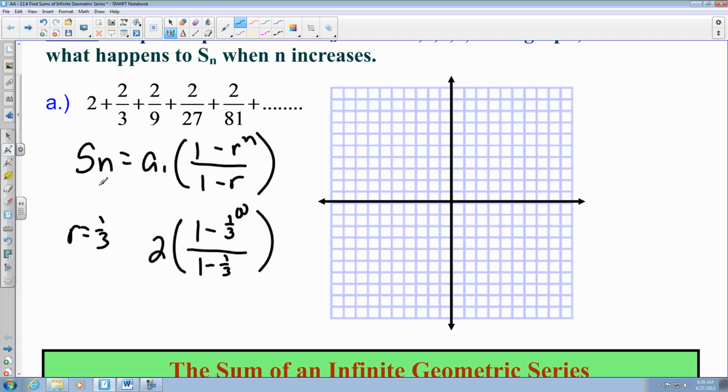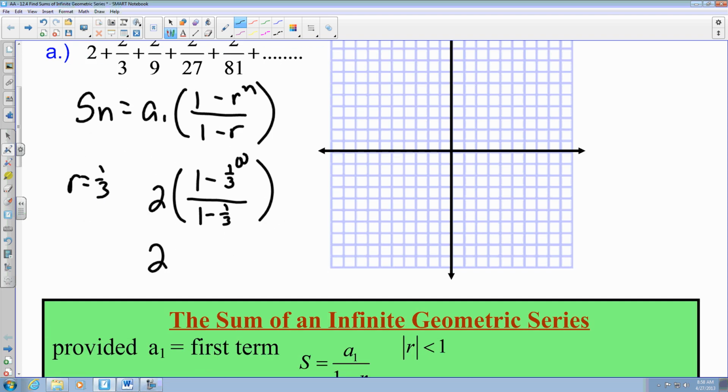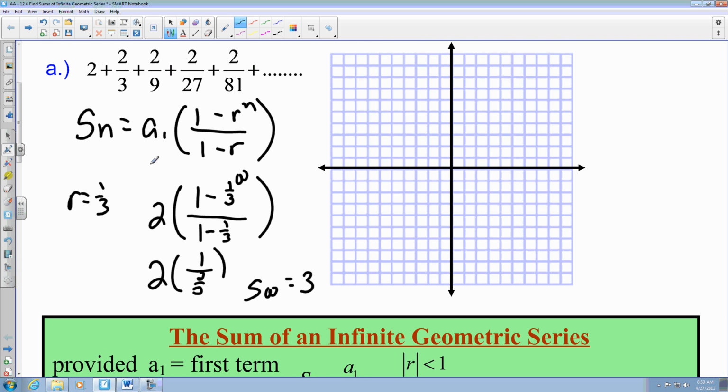So I can say that this is 2 times 1 minus 0, which is 1, divided by 1 minus 1/3, which is 2/3. So 1 divided by 2/3 is 3/2, times 2, which gives me 3. So when n is approaching infinity, S is going to equal 3, which makes sense.